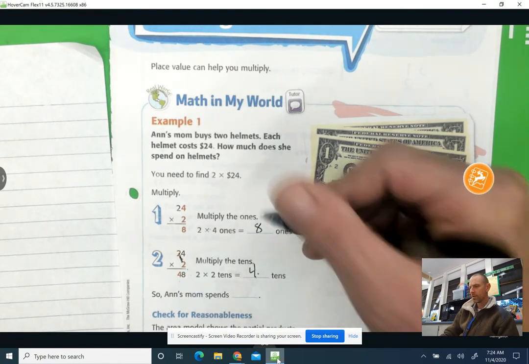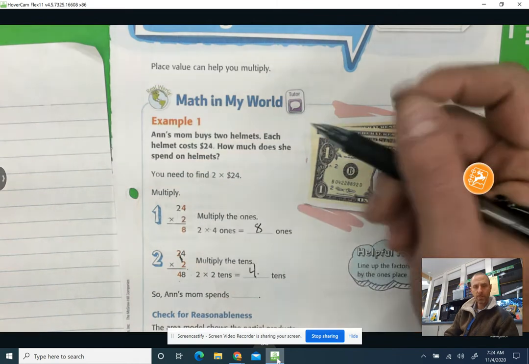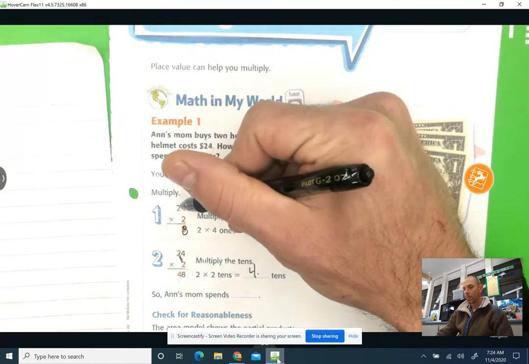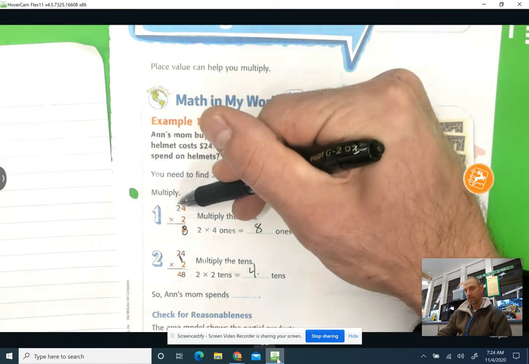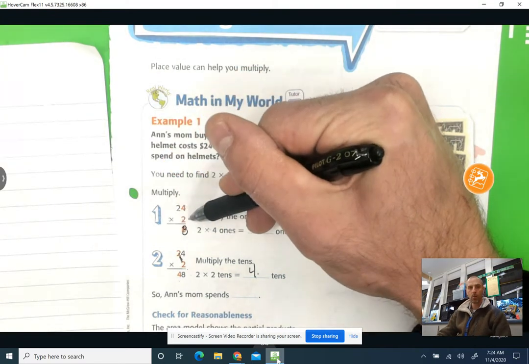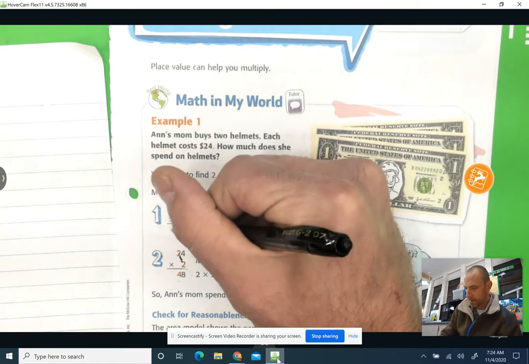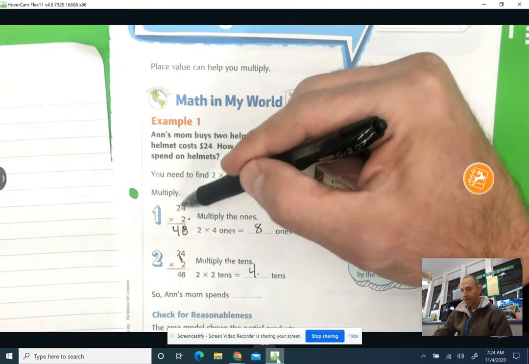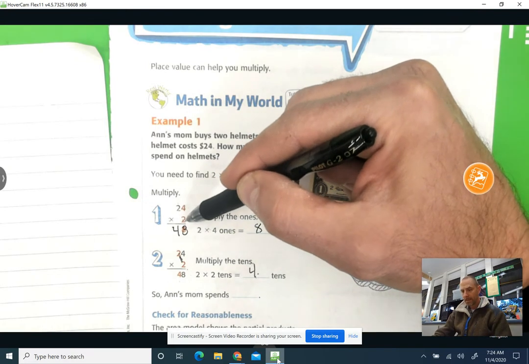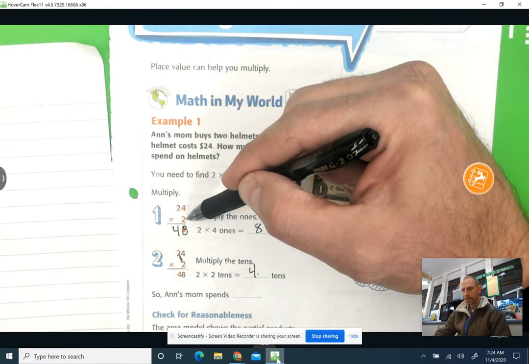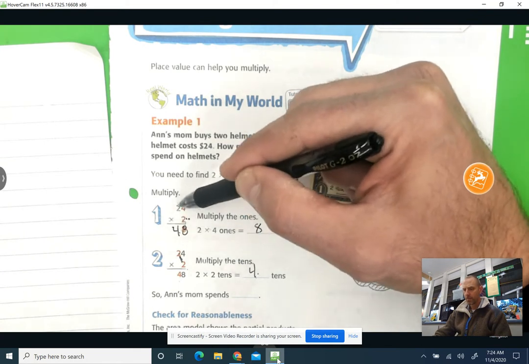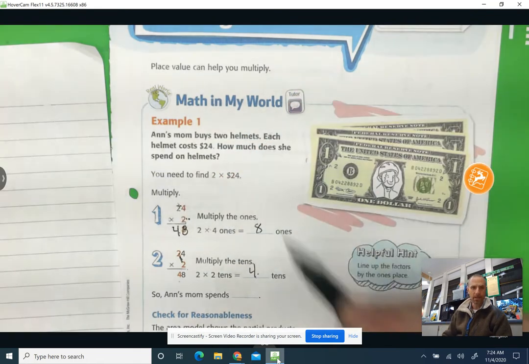Okay, and so as they multiply, they did 4 times 2 in the ones, and they put their 8 down. And then they multiplied their tens place, the 2 in the tens, times the 2 at the bottom, and got 4. Okay, so when you multiply diagonally, you put your digit, 2 times 2 is 4, underneath the tens place.